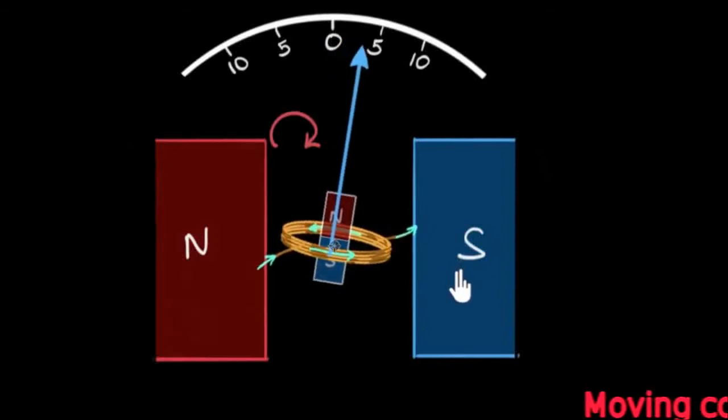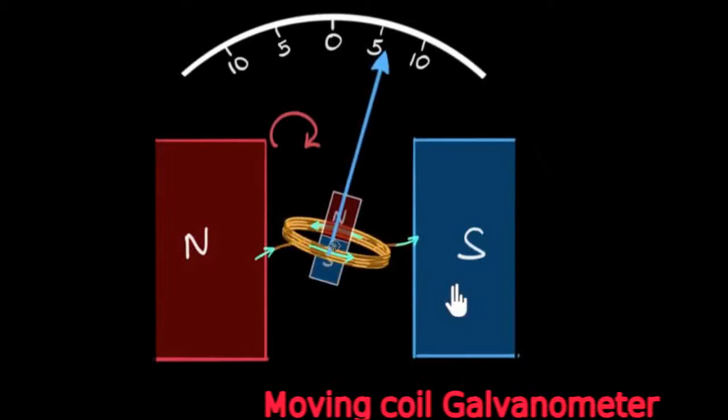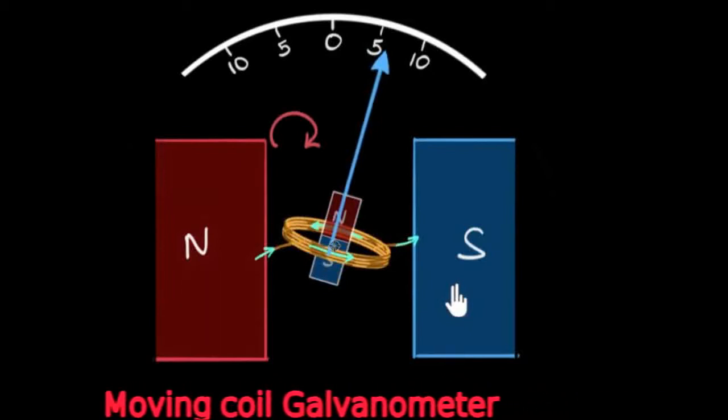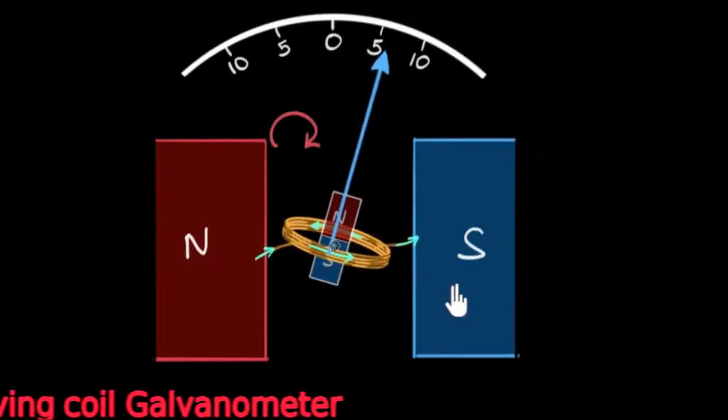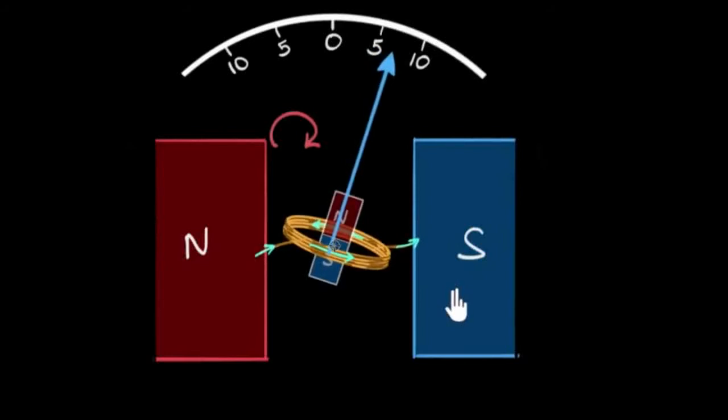That means this is how the bar magnet is rotating, and as a result it is giving some deflection in the scale. As long as the current is passing through the coil, this coil will be turning and turning, and finally it may go out of the scale.